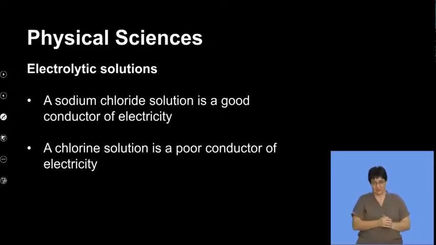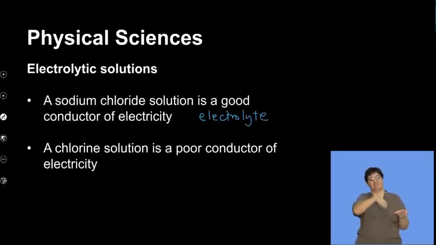And then it says here, if a substance is an electrolytic solution, let's look at sodium chloride as an example. A sodium chloride solution is a good electrical conductor, okay? So it is an electrolyte, because when dissolved completely in water, it allows electricity to pass through and then it becomes a conductor, right?